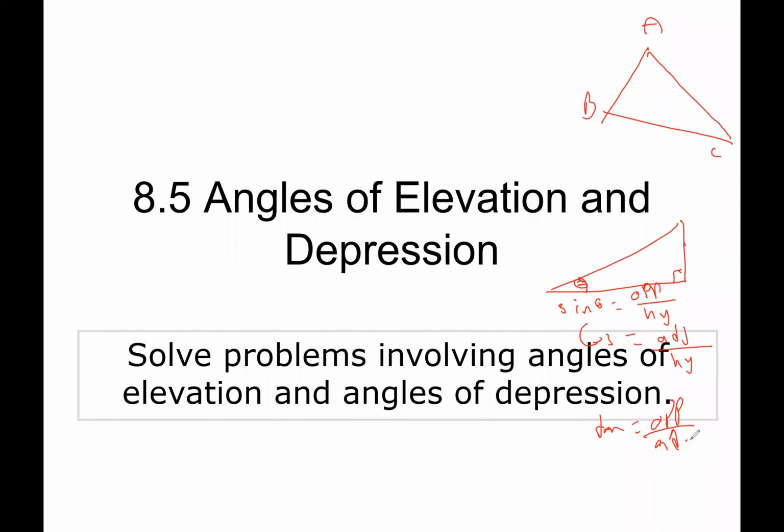We also took the oblique triangle and how to apply the sine rule and the cosine rule, and how we can find the missing sides or angles by using the sine and cosine rule.